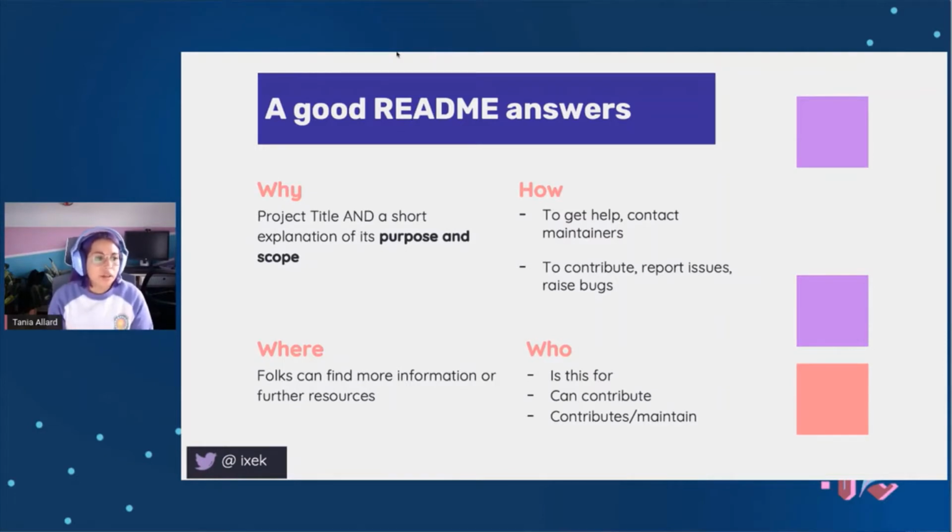Why? Of course, the project title, what is this about, the purpose and scope. And so many times, I don't know if it's because we sometimes are too excited to get a project out there and we assume that folks just get the purpose and the scope of our project either from other sources or just by using it.